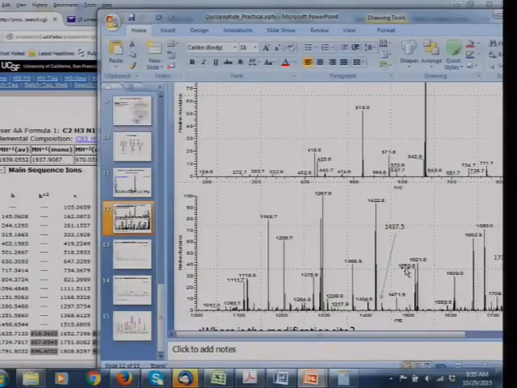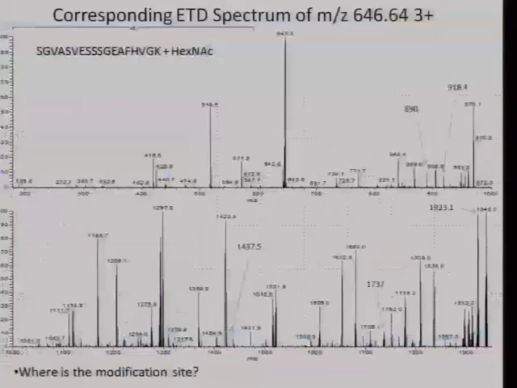So we're seeing all of these ions are now shifted by having the mass of that HexNAc on there. So we've been able to identify the site of modification, with just a single HexNAc.